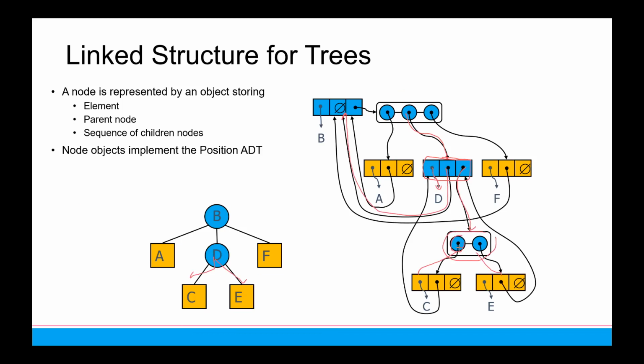So this node will connect to this node, whose element is C, and the parent of C is D, and there are no children of C. It is the same with E: E is the element, the parent is D, and there are no children of E. And for F, this is the element, the parent is B, and there are no children.